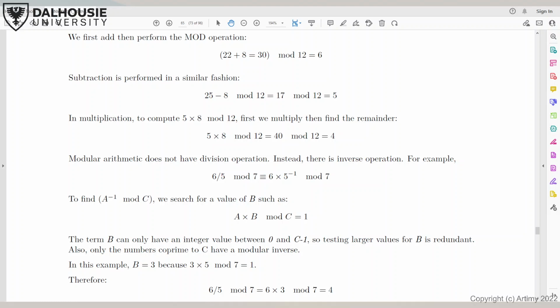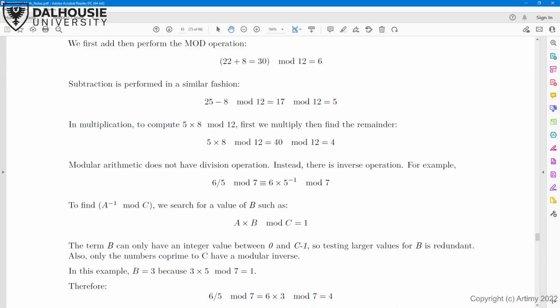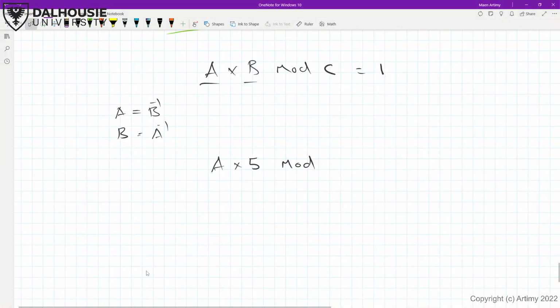So we are looking for A multiplied by 5 mod 7 equal 1. We're looking for a number that when we multiply it by 5, mod 7 equals 1, right?